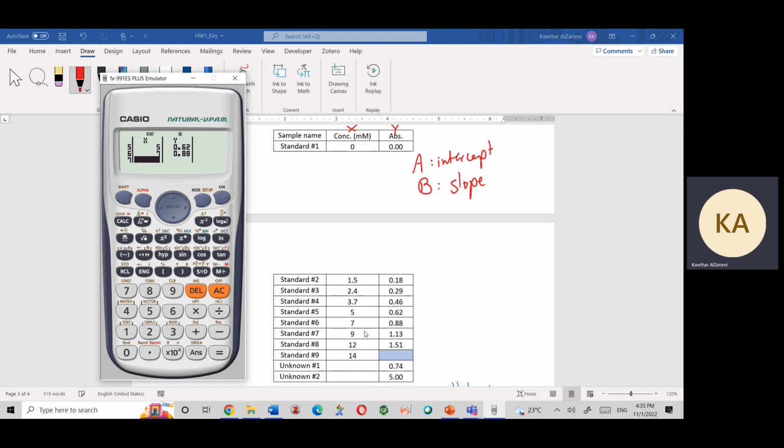And then 9, y is 1.13. So you navigate using the arrows, going left and right, up and down. Then you have 12, and the y that corresponds to it is 1.51. I'm not going to put standard number 9 because I have a missing y value.